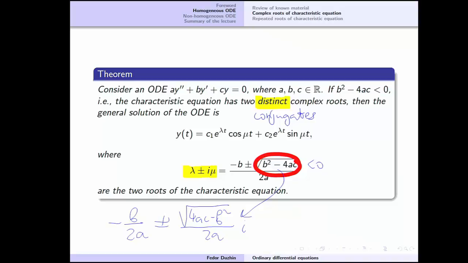So that's another form. Alright, so here our lambda is minus b over 2a, and our mu is square root of 4ac minus b squared over 2a.